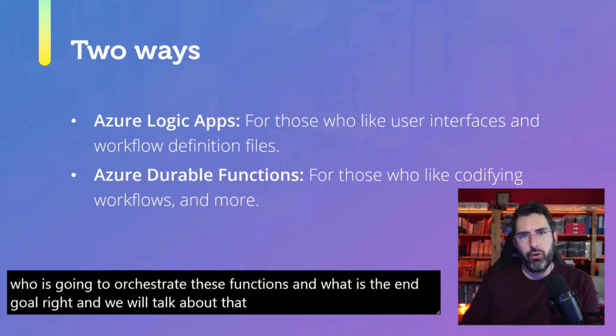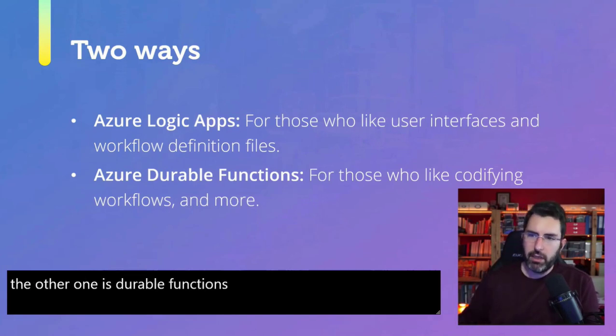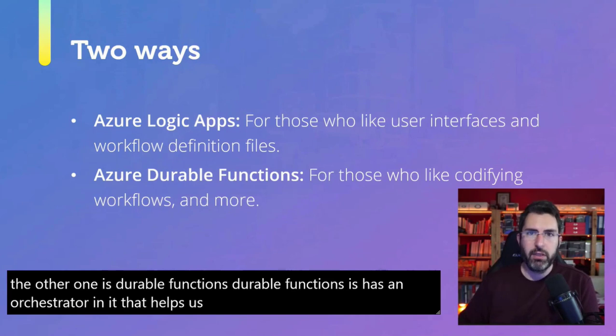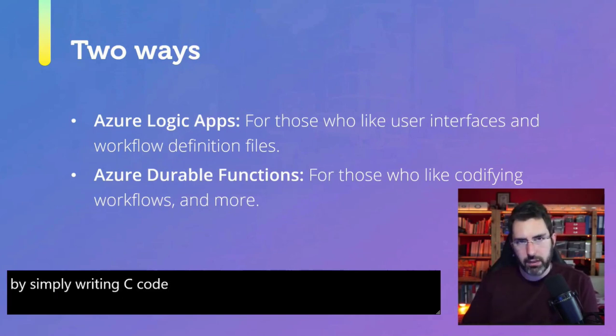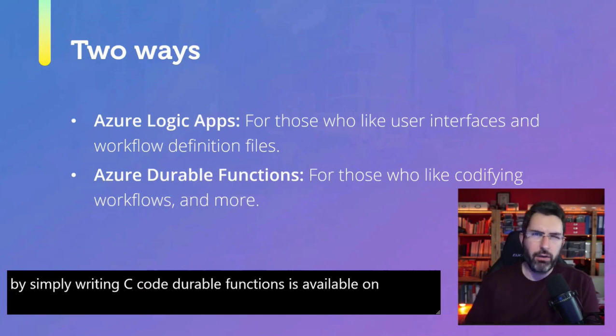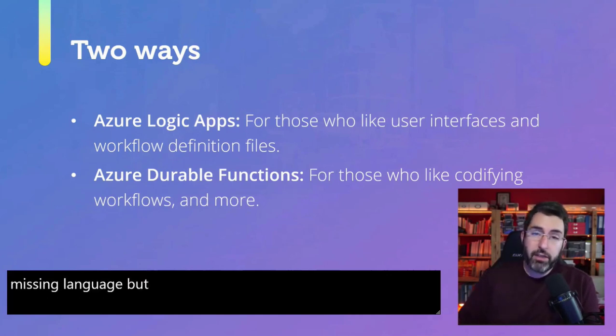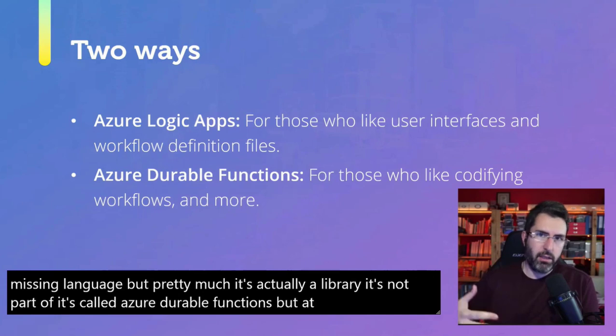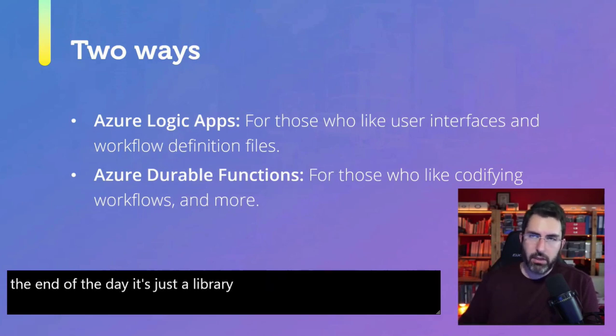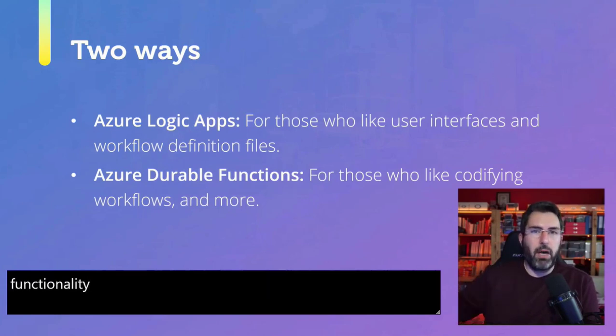The other one is Durable Functions. Durable Functions has an orchestrator in it that helps us orchestrate different functions by simply writing C# code. It is available in Python and JavaScript as well. I'm not sure if I'm missing a language, but pretty much it's a library. It's called Azure Durable Functions, but at the end of the day, it's just a library that exposes functionality on top of TPL.